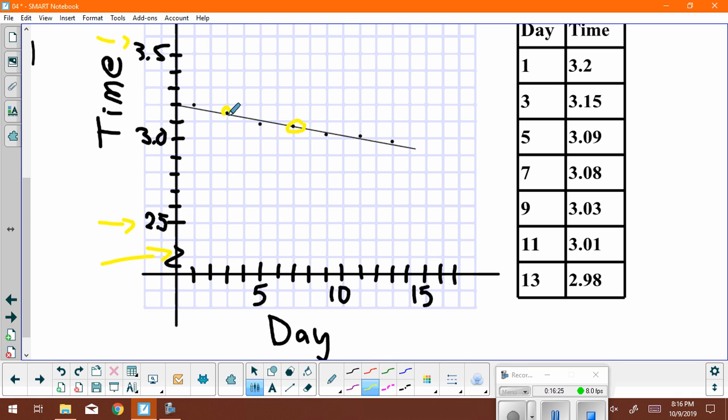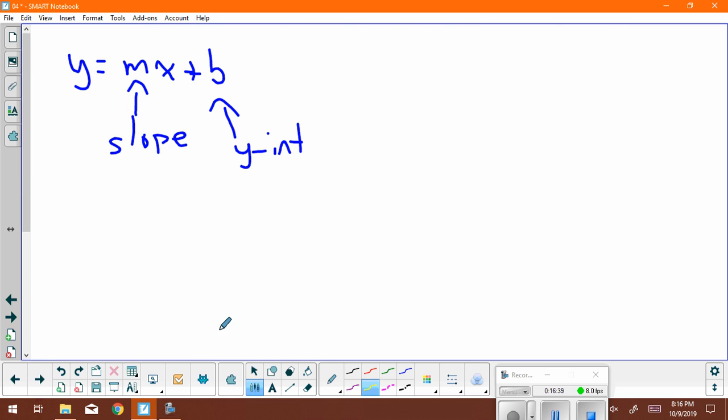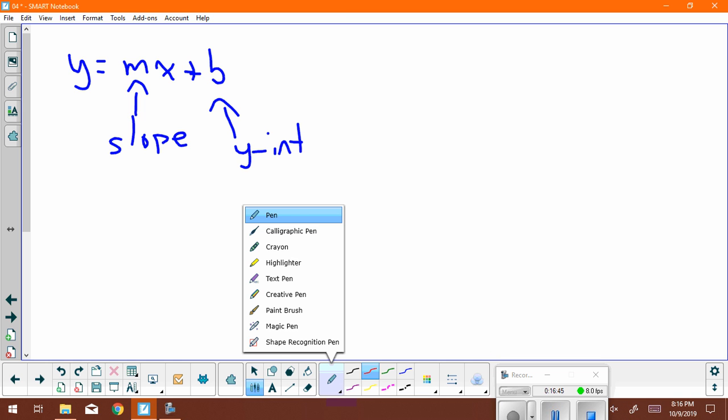I'll take the one at 3. So those can be the 2 points we use: 3 and 3.15, 7 and 3.08. We'll start by finding our slope. So on the side here, our formula for slope.